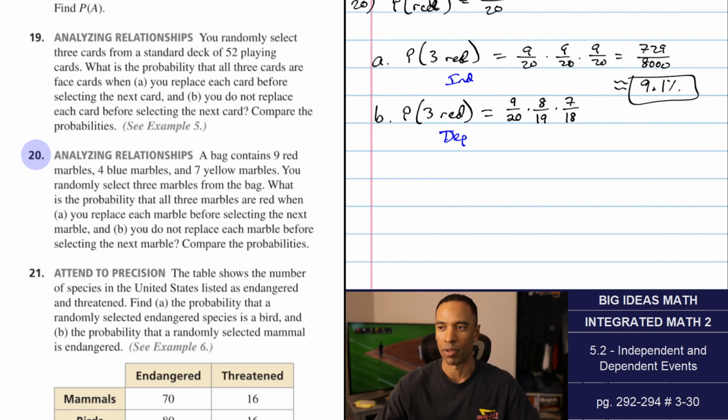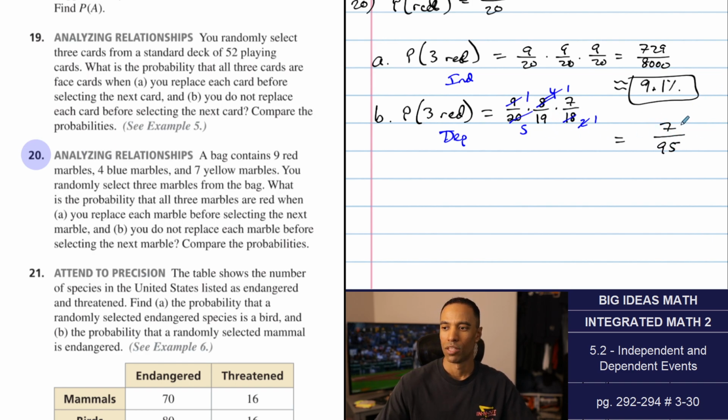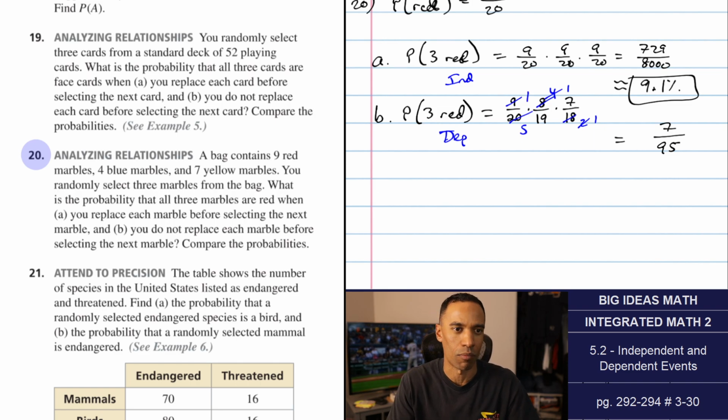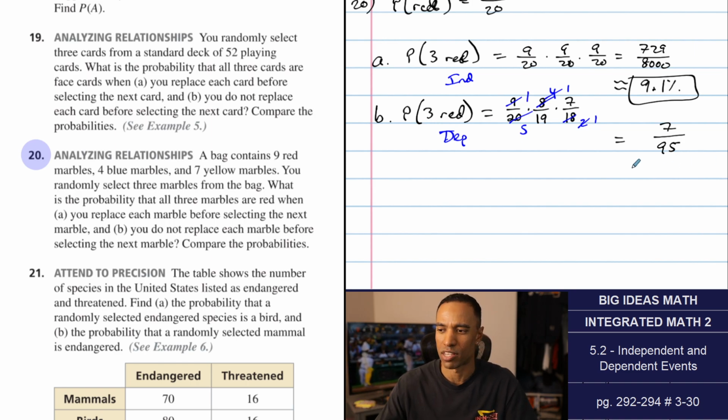There's no requirement for that, but I think it helps my sanity. 9 over 18 is 1/2. 8 divided by 2 is 4 over 1, and 4/20 is 1/5. So now I have 7 on top, and 5 times 19 times 1 on bottom. 5 times 19 is 95. So 7 over 95, and I prefer that appearance. If I trust I did that right, 7.36, so about 7.4%.